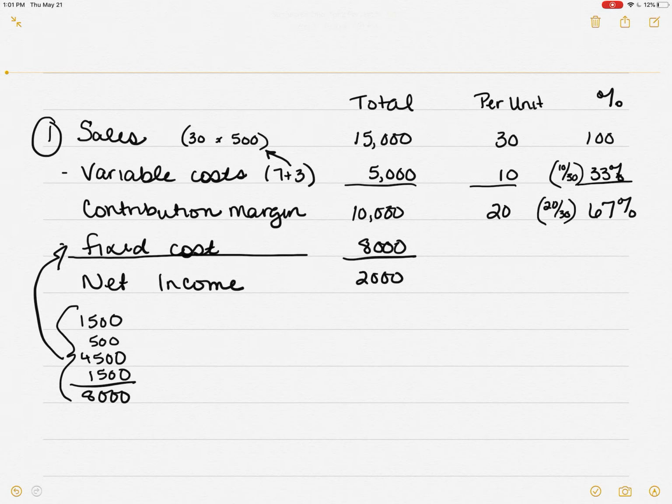I'm going to move part 2 right here so we can still see some of those figures. We want to compute the contribution margin per unit and the contribution margin ratio. Remember, your contribution margin is just your sales minus your variable cost.